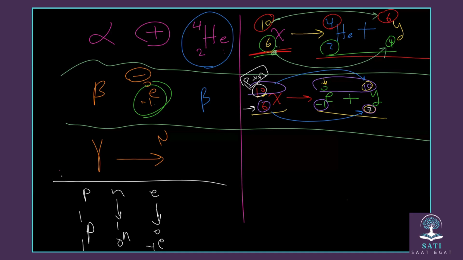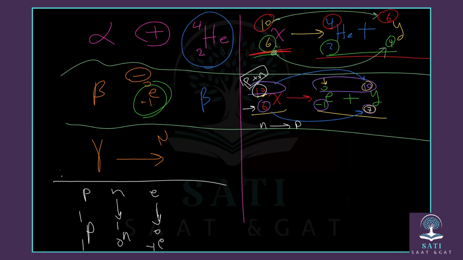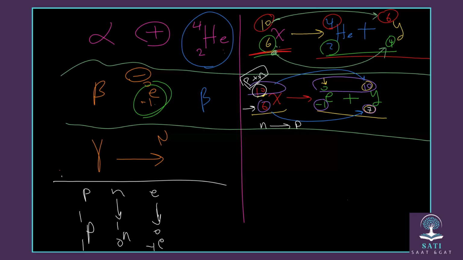So one neutron is changed into a proton. What will happen to the atomic mass and the atomic number? Look, here in the question, 10 is the atomic mass, which means the number of protons and neutrons. And 6 here is the atomic number, which represents the number of protons.